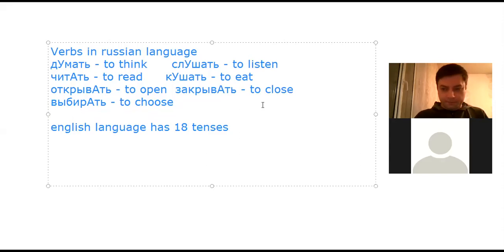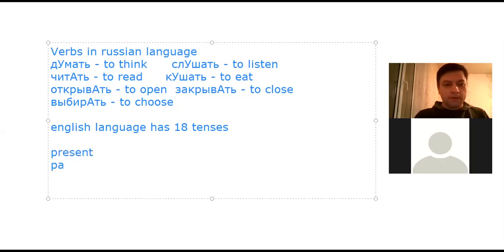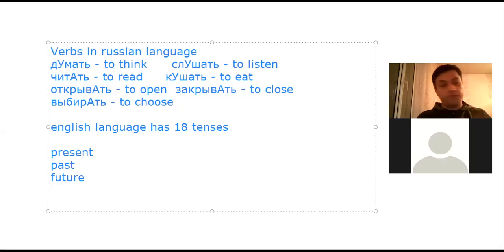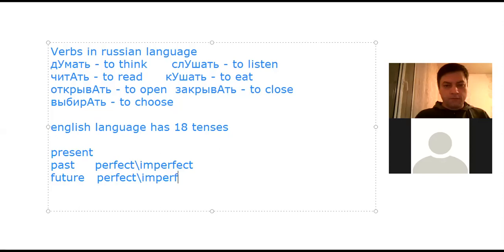You have 3 times, which are present, past, future, and then you have aspect. You have perfect aspect and imperfect aspect. And in the present tense, you don't have perfect aspect, you only have imperfect.